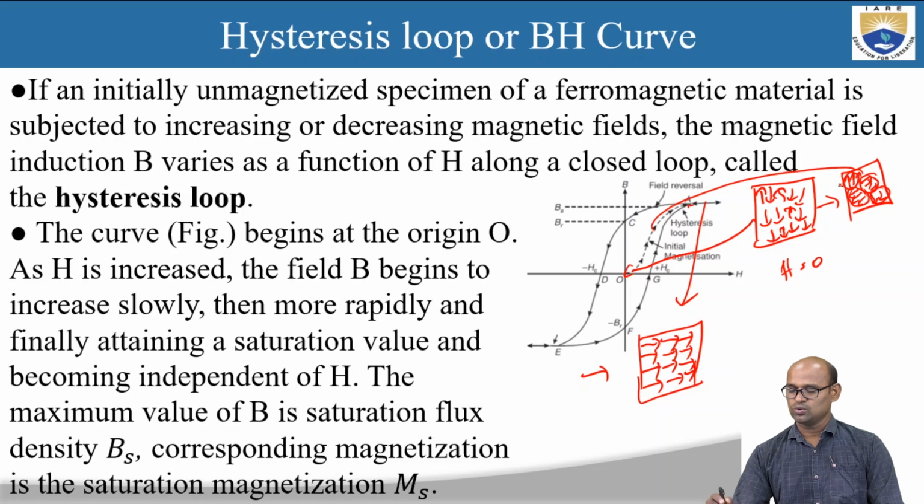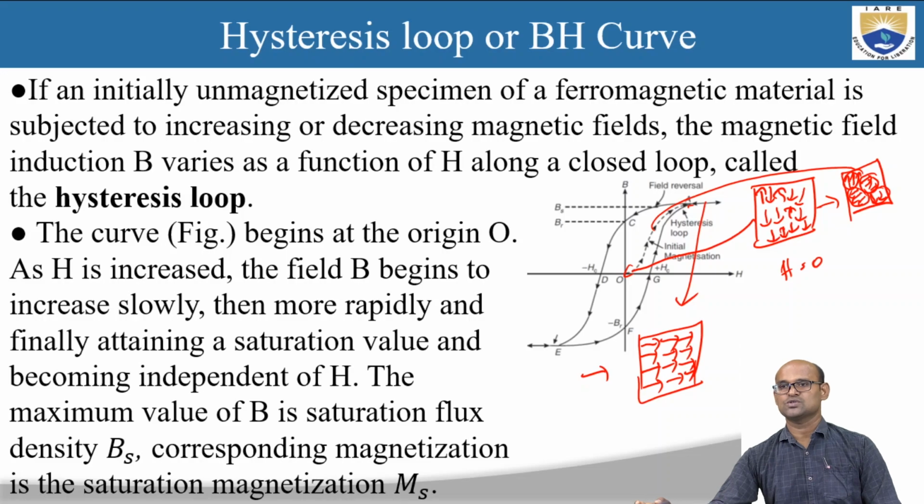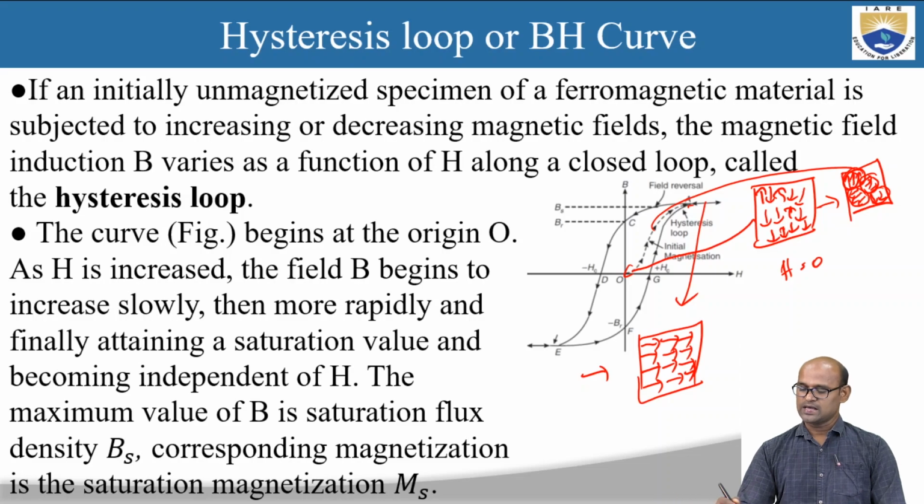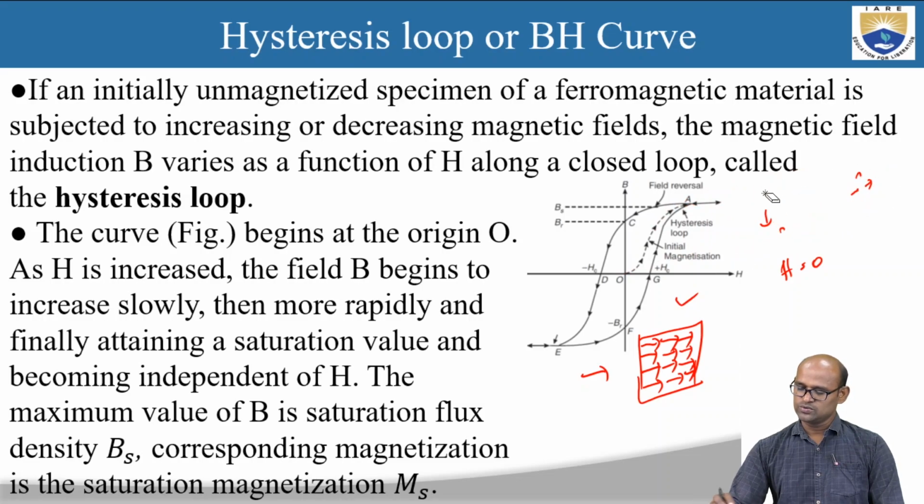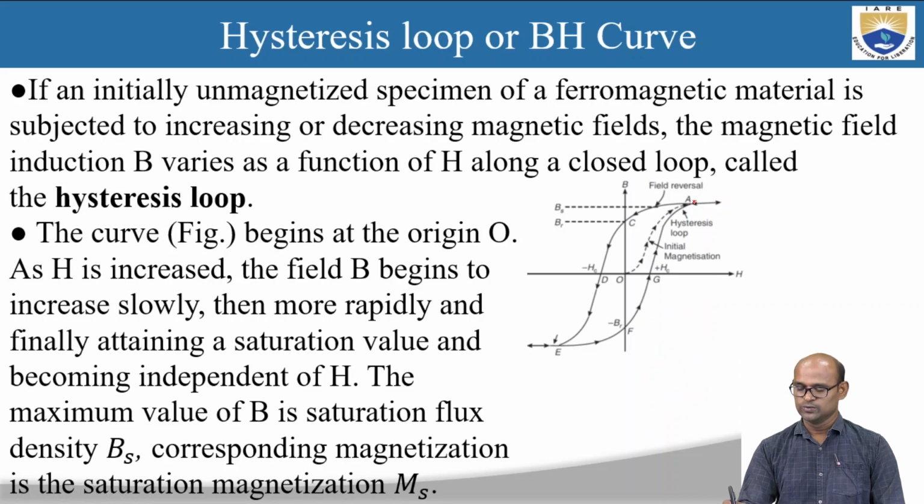When you start increasing the magnetic field, the spins slowly start orienting locally, and those regions where spins are arranged in a single direction are called domains. As you increase the field further, all the spins tend to orient in a single direction, and this is how you get saturation. Using domain theory, you can explain why you get saturation in the magnetization, and why, even though the field is decreased to 0, some of the spins do not become random.